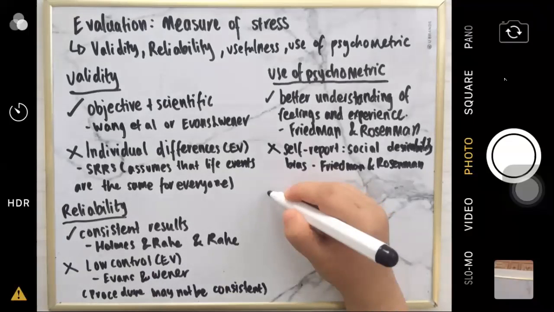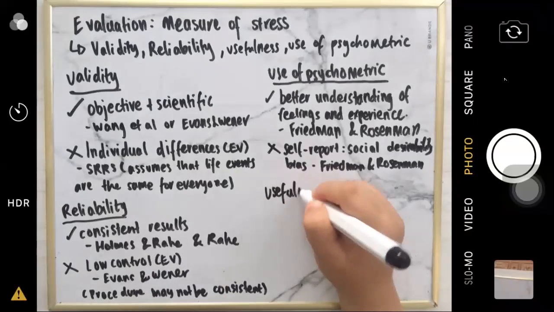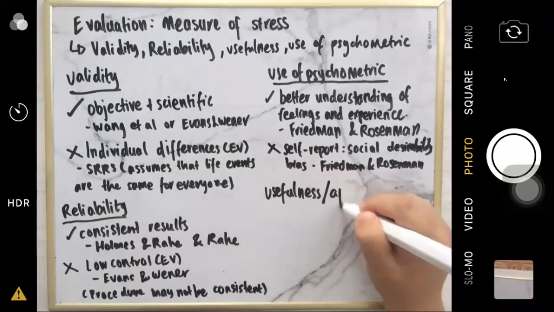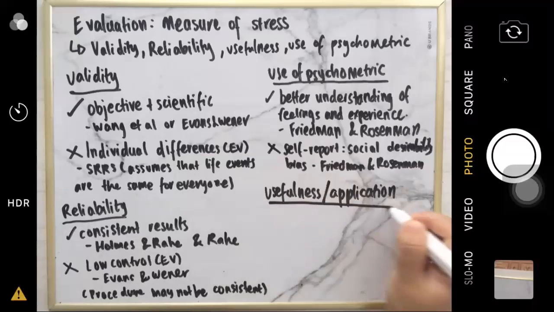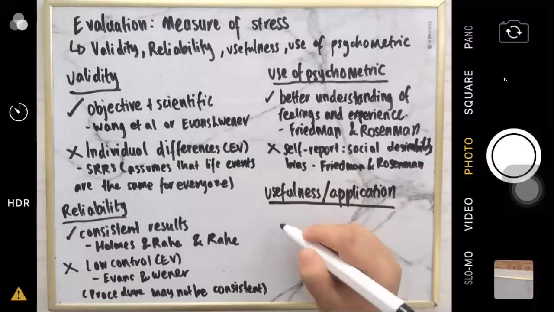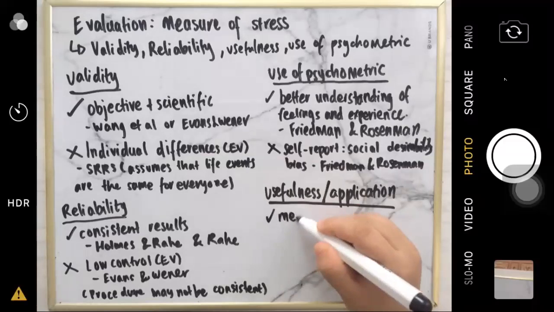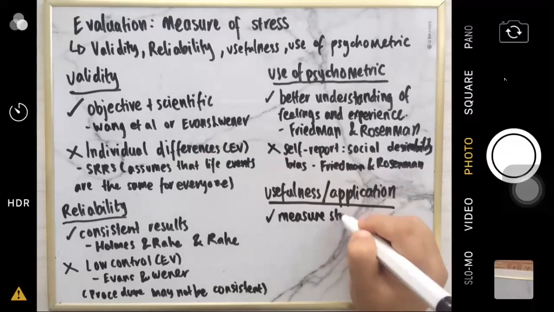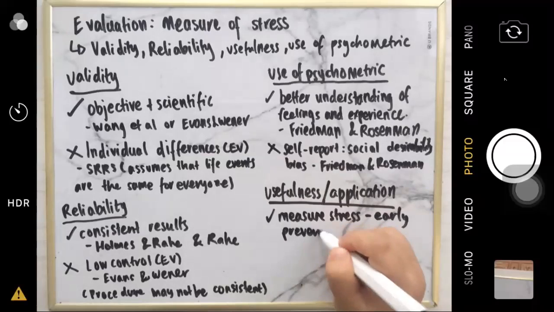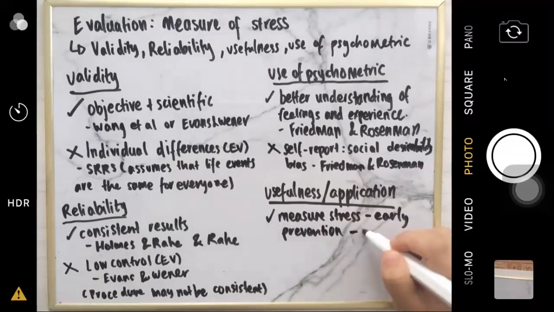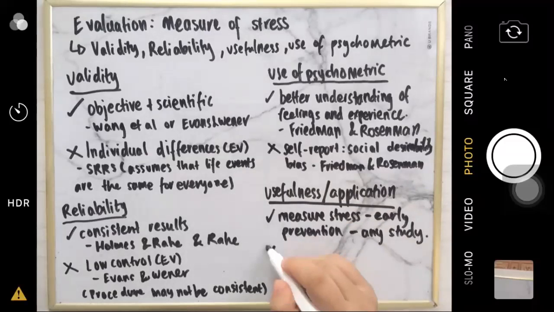The last one is useful identification. Now, what is good about measuring stress, guys? Early prevention. Yes, early prevention. So you can use any study here.